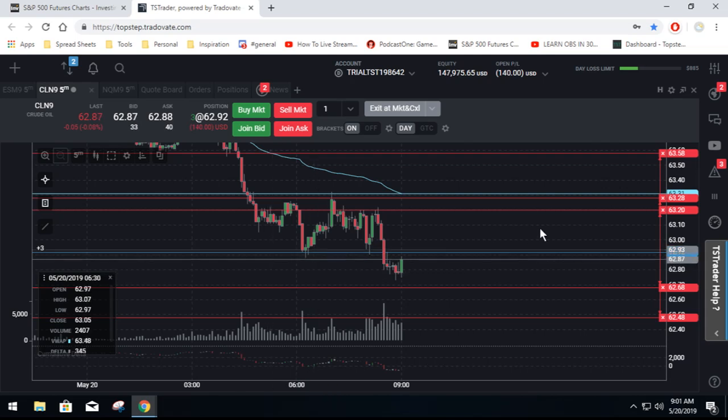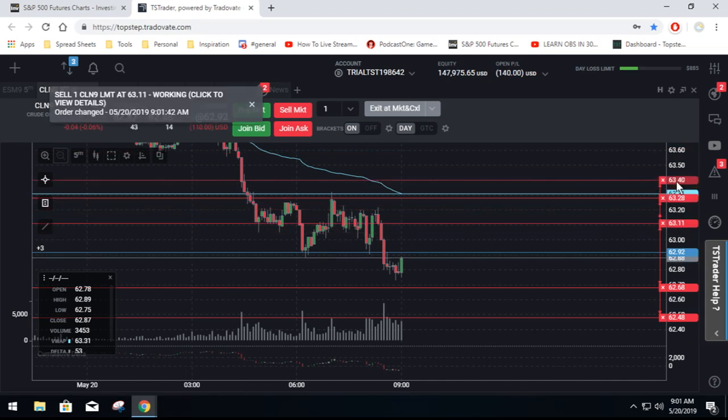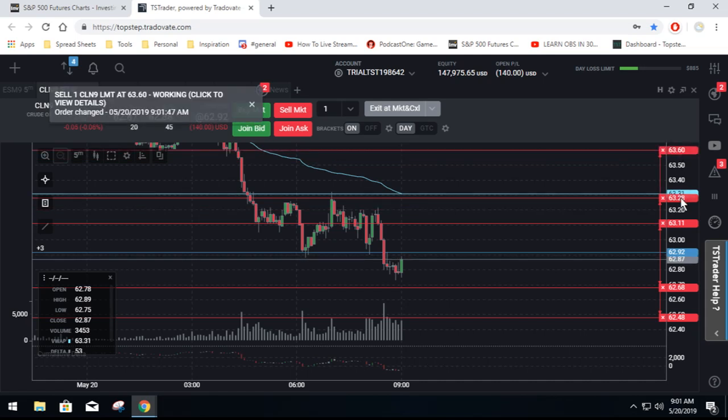So how we're going to deal with this is look to exit the 63.05 at 63.10. Have one contract at 60 for the extended.